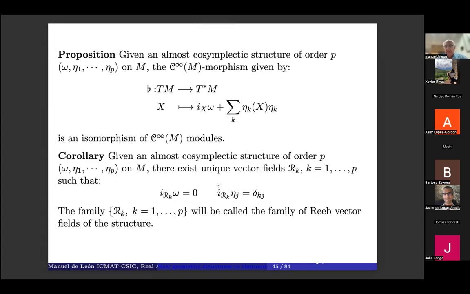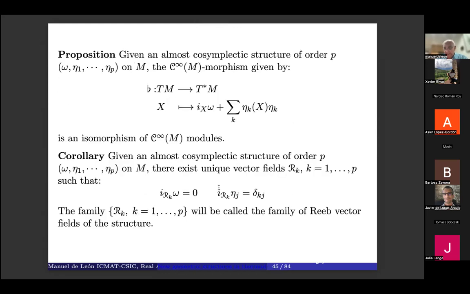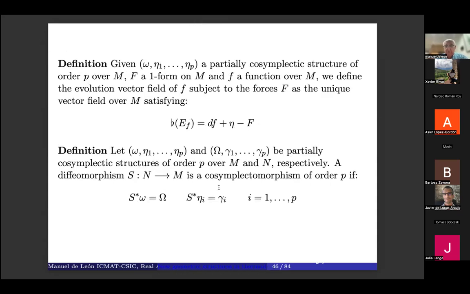And we can do the same. We don't have a single Reeb vector field, we have a family of Reeb vector fields, defined in this way, corresponding to each of these one forms. And of course, we can also define an evolution vector field because we have this isomorphism bemol, and we can consider external forces F in addition.